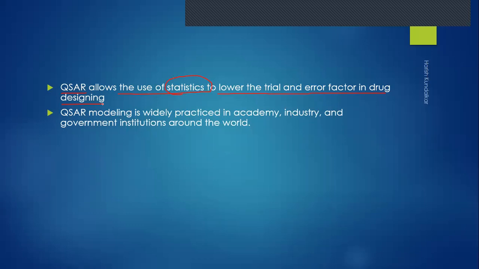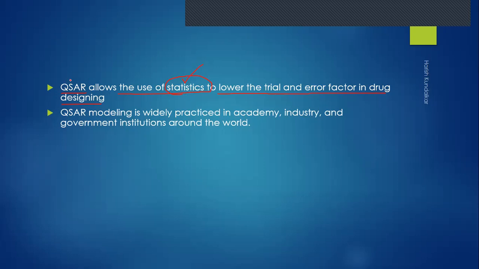But now we are not going to talk about how the binding is going to happen. We are going to talk about how statistics can be used to find out the effect of a substituent on the physicochemical properties of the molecules and hence the activities of the molecules.